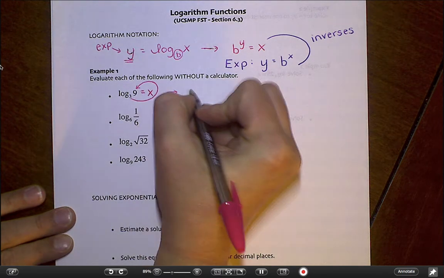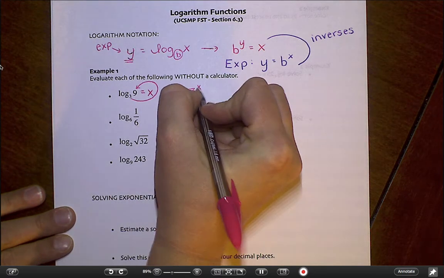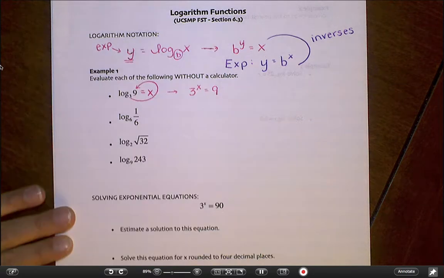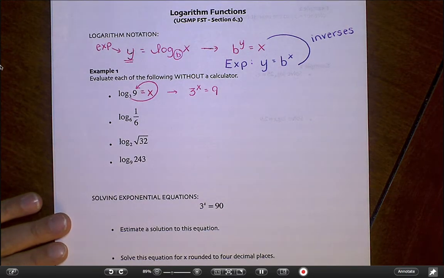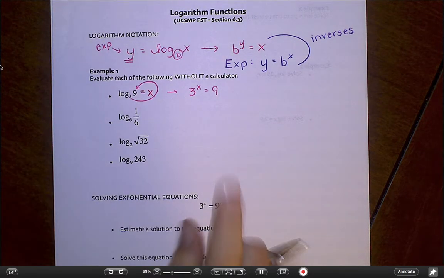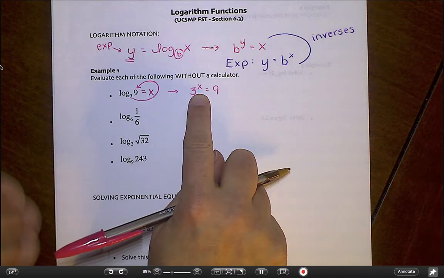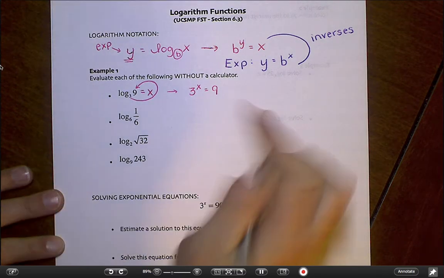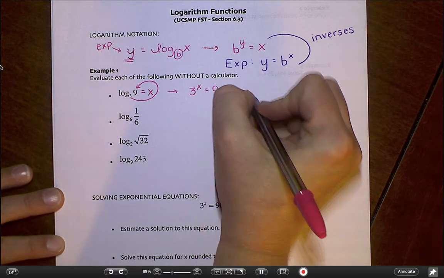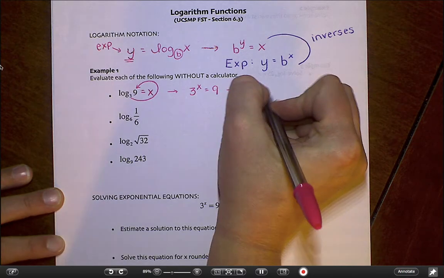So I could rewrite this as 3 to the power of x equals 9. And then it's just a matter of figuring out what x is. Now, we're going to have a way that we can actually solve for that. We're not going to get into that today. Today it should, for the most part, be mental math. You should be able to say 3 to what power equals 9 and know that x equals 2.